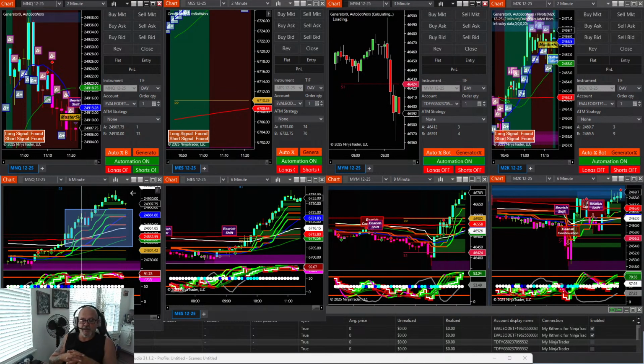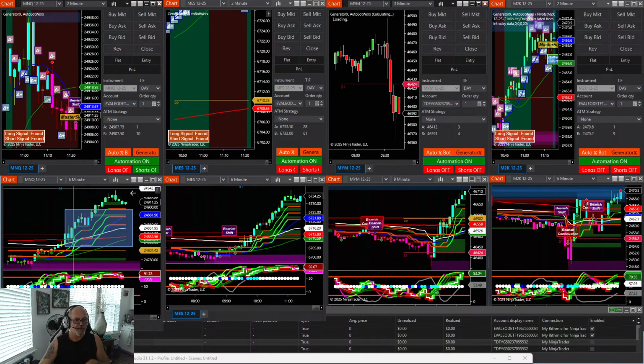As far as all my other levels, we're not in a fantastic place for a trade as far as the levels go, but time and price action are lining up correctly, so I am okay taking the trade.